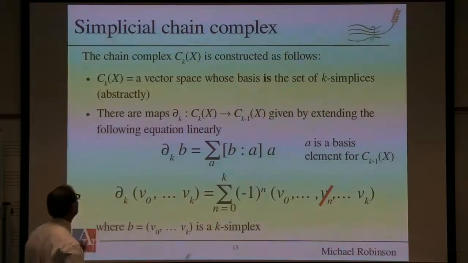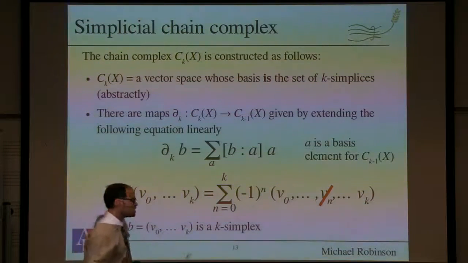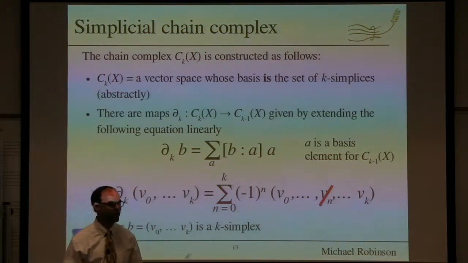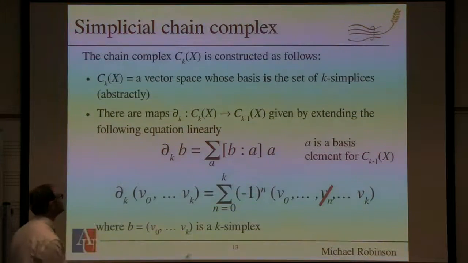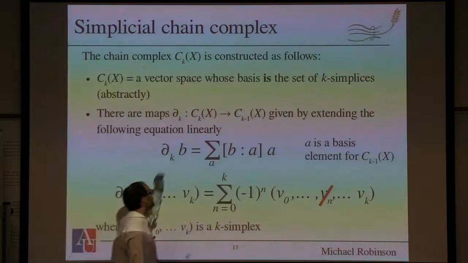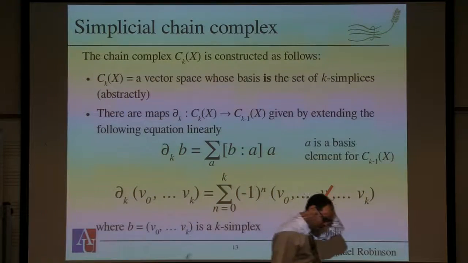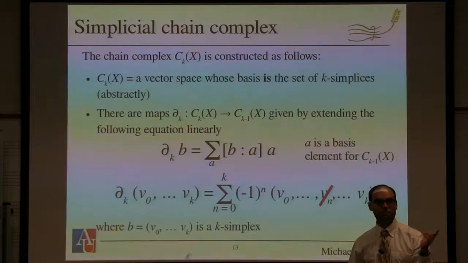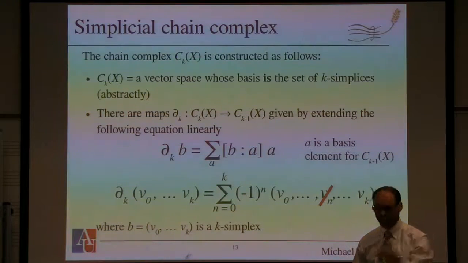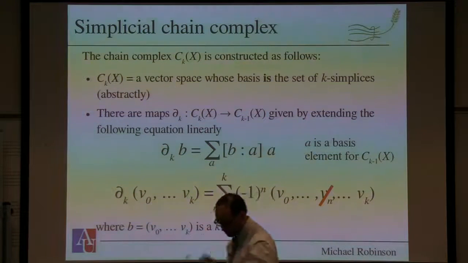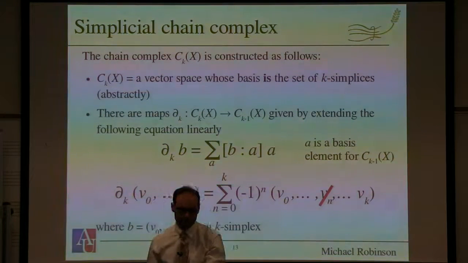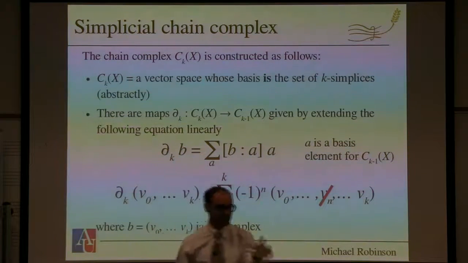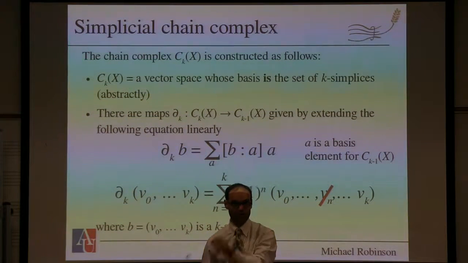Now, on the other hand, we want this to be a chain complex so that we can compute the homology. So how are we going to do that? Well, we need to build up some linear maps that go from one space to the next. Now, we do have a little bit of flexibility here. We can go up or down in dimension. I could build my chain complex so that I go from dimension k to k + 1, or from k to k - 1.